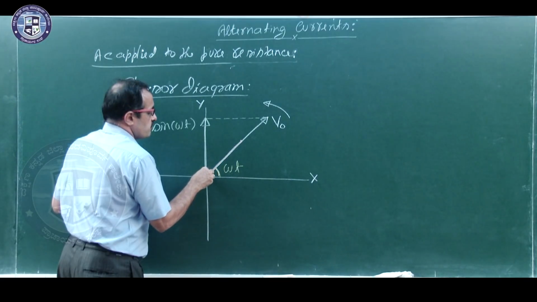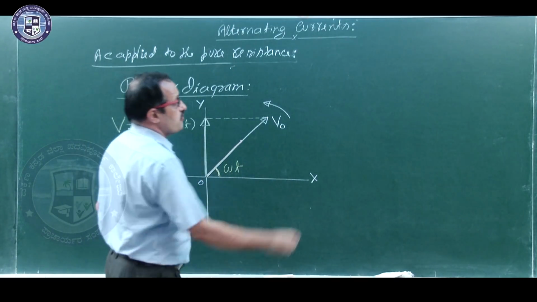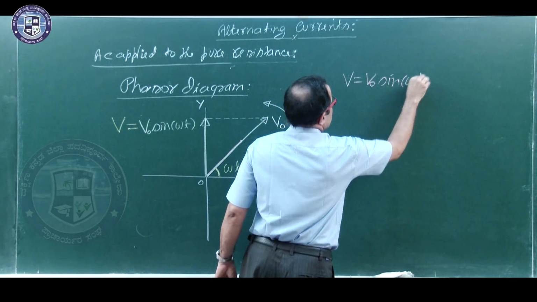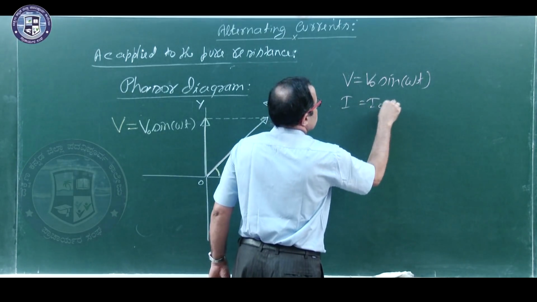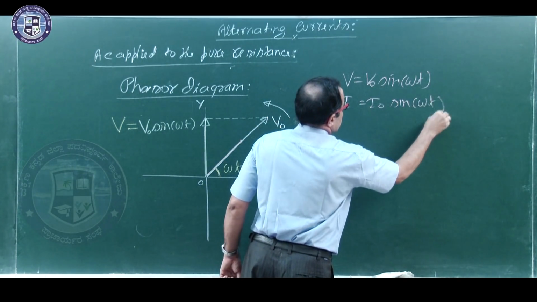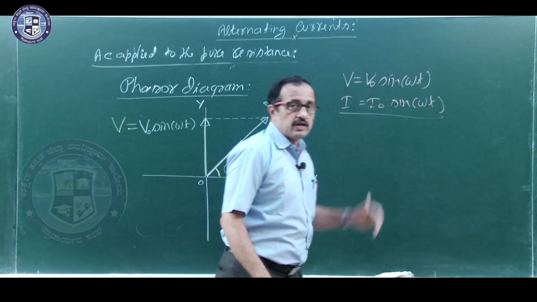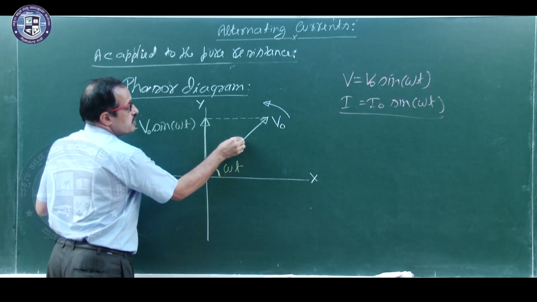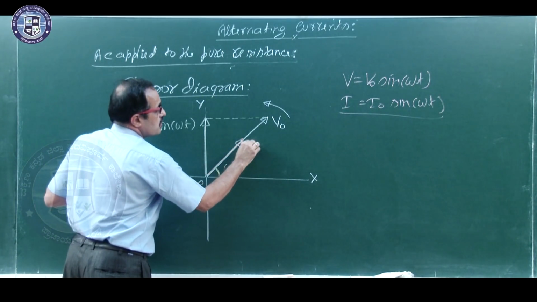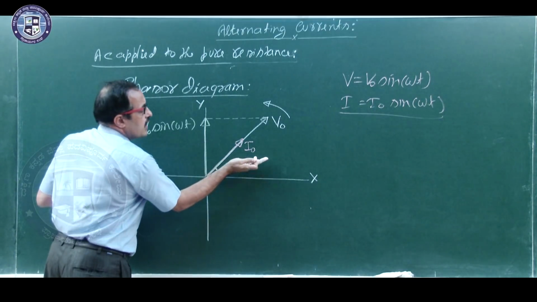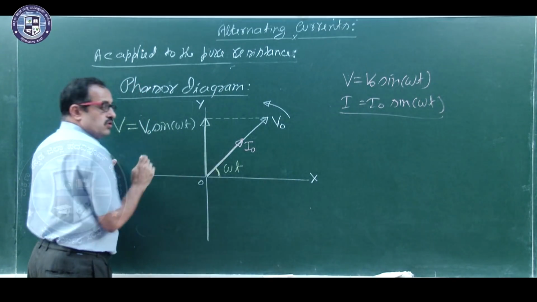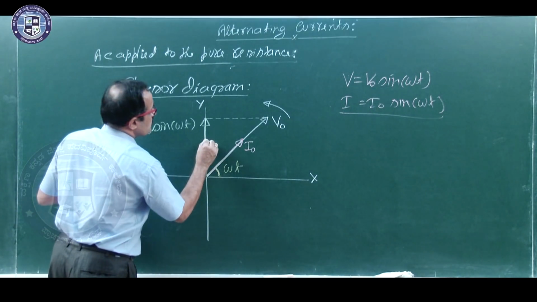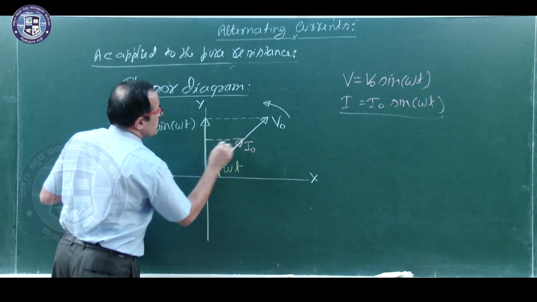I think that both have the same phase angle in this case. In the case of a resistor, see, both have the same phase angle. Therefore, even for current, the phase angle will be the same, and this is I naught. As V naught rotates, I naught also rotates. So, we take its component along the y axis.